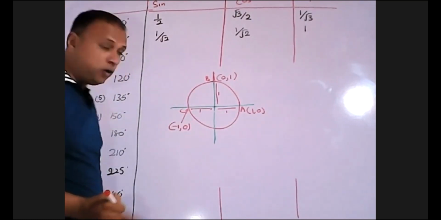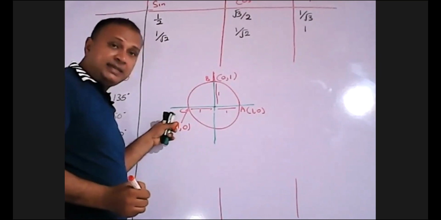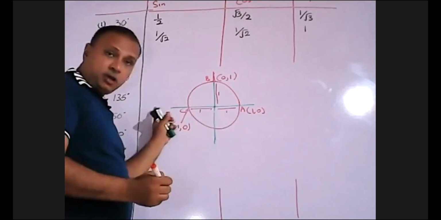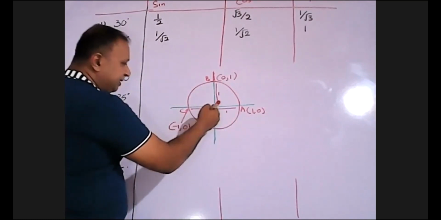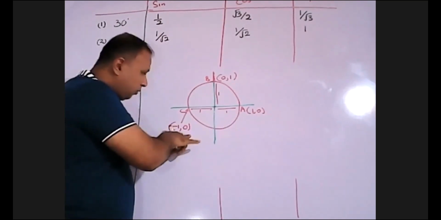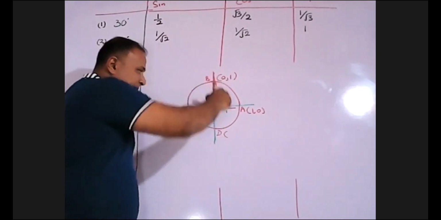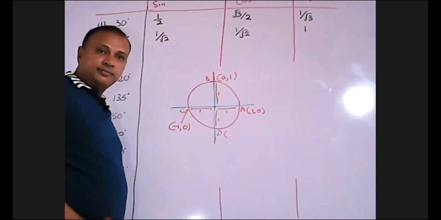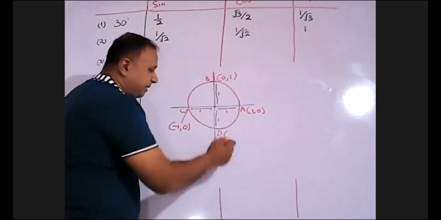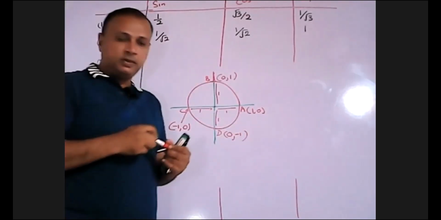The point C is on the minus side of the x-axis and this length is 1, so the coordinate is minus 1, 0. This coordinate is 0, minus 1. Okay.